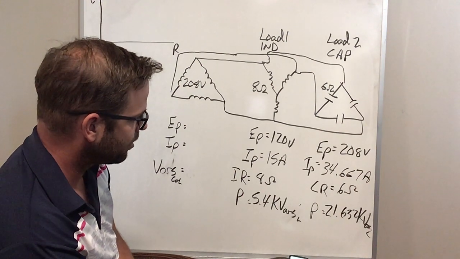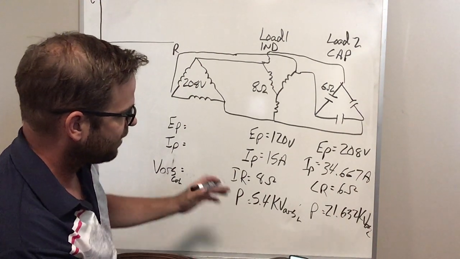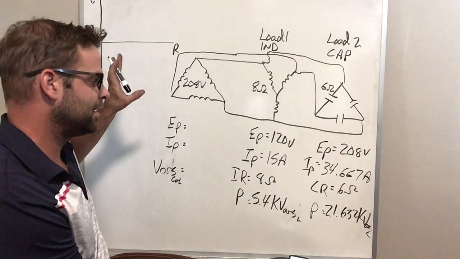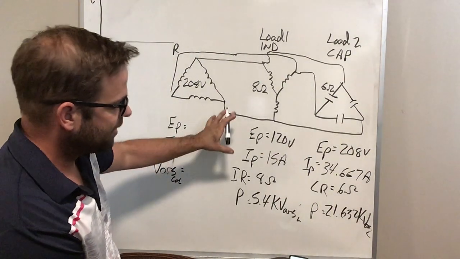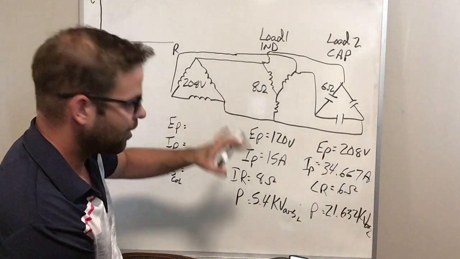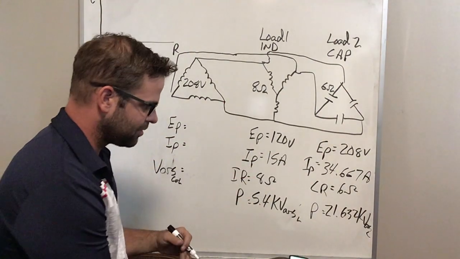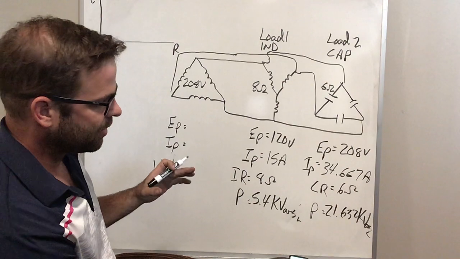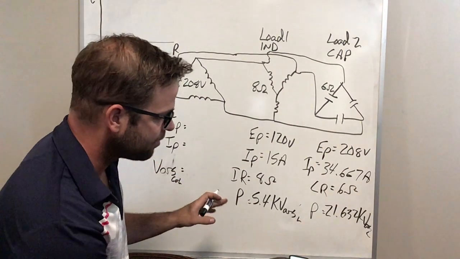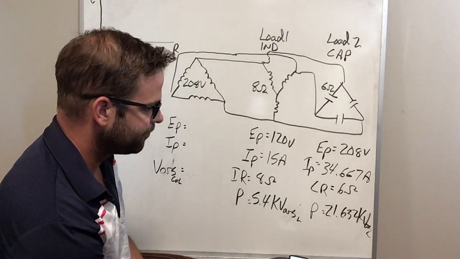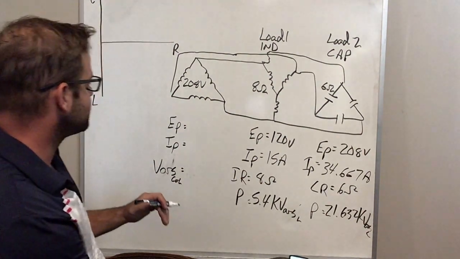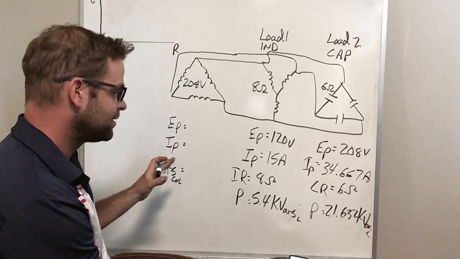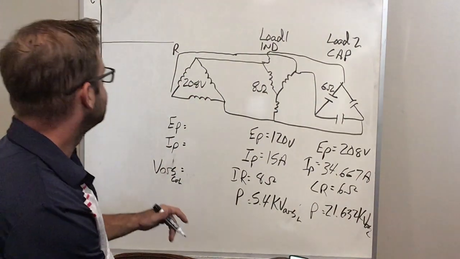So let's look at our currents. Everything that you can plot in a three-phase RL, RC, or RLC circuit, you can plot your currents and you can plot your powers just like you would in your regular single phase series and parallel circuits.